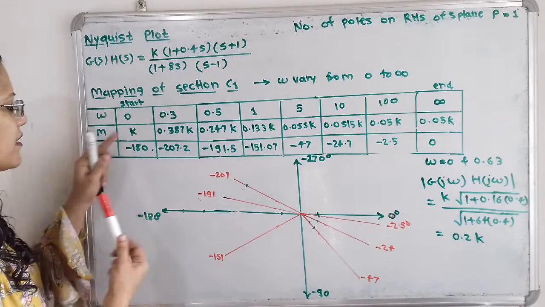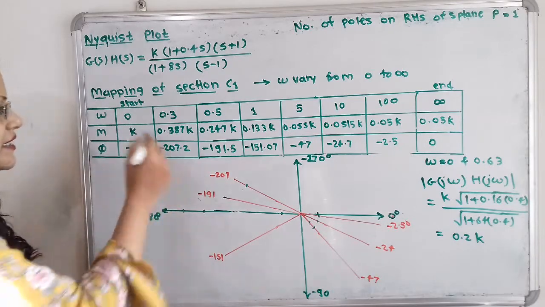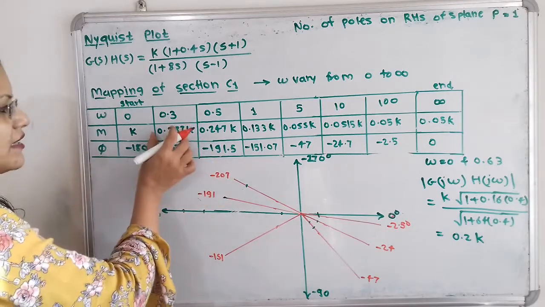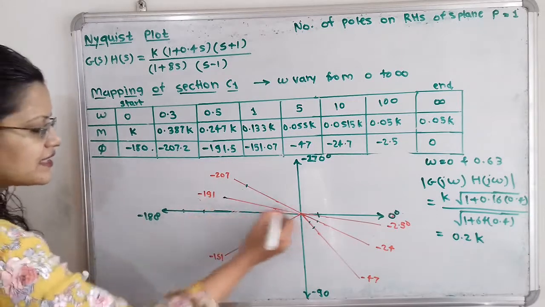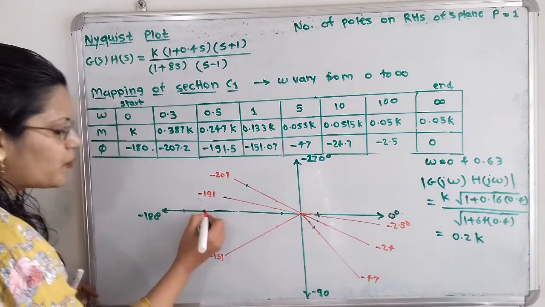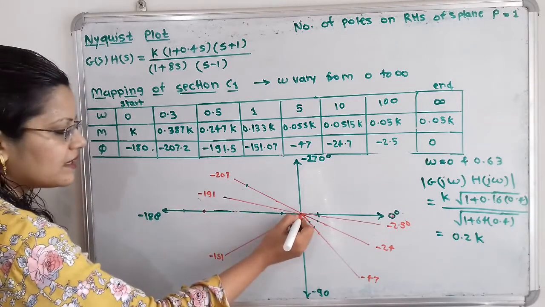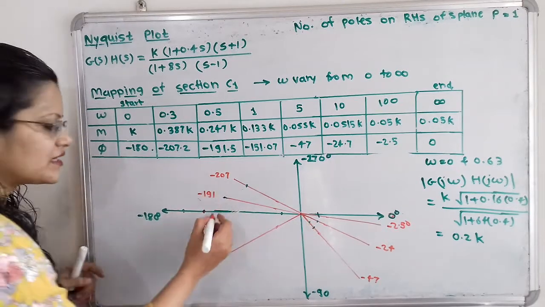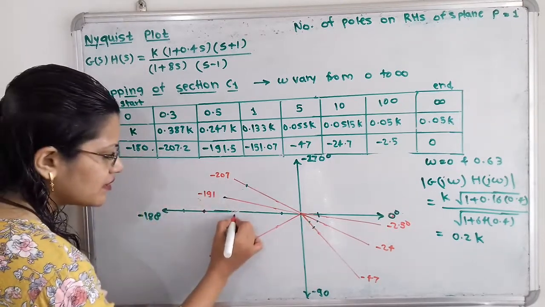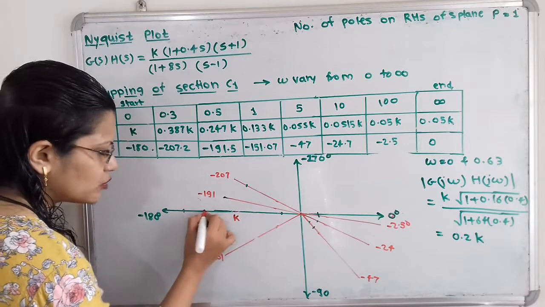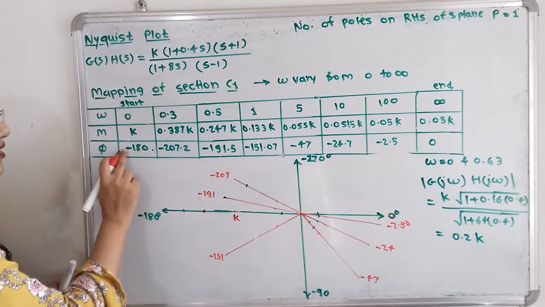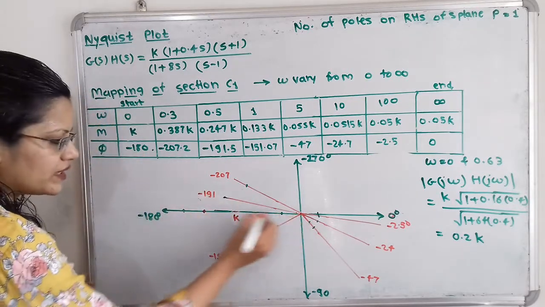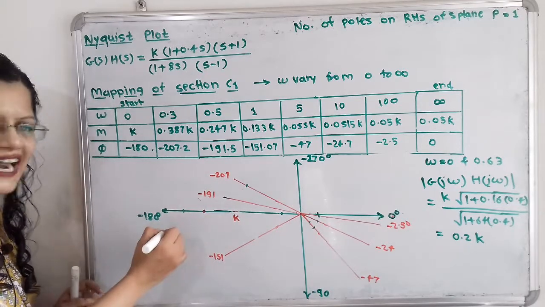So I will take K equal to 10 centimeter. This is the approximate scale, but we have to write the scale K. Suppose we select this point, and this total distance is K, so I will write here that this is the K distance. This is the magnitude, and the angle here is minus 180 degree. So this is the start point.